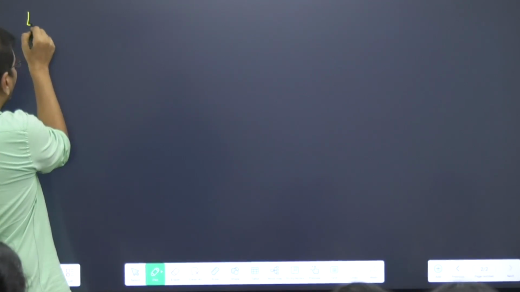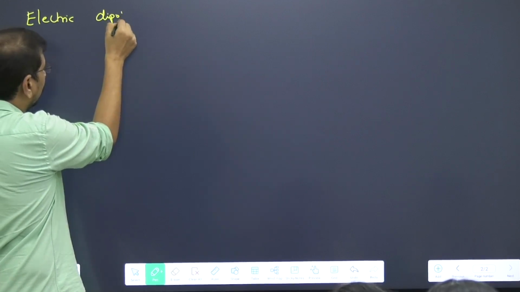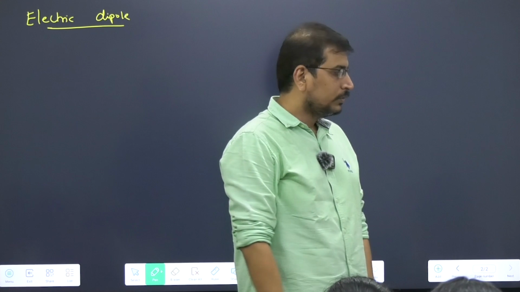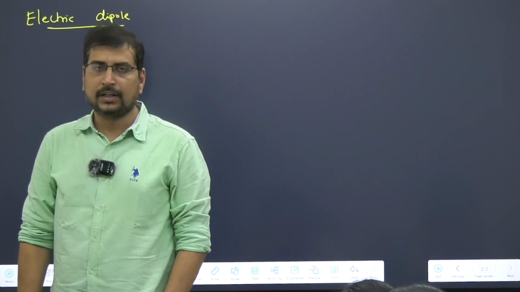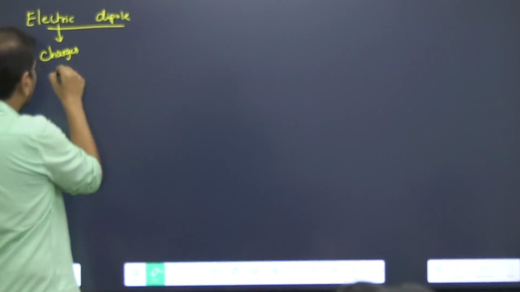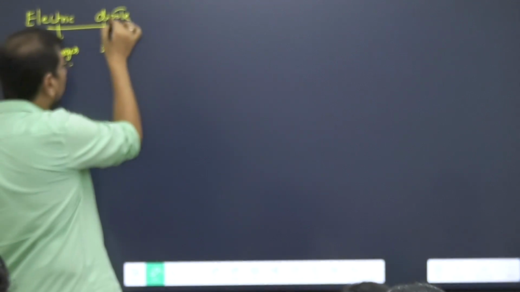So the heading is going to be electric dipole, right? What I mean by electric dipole is very simple. Electric obviously refers to charges, di refers to two, and pole refers to polarity.